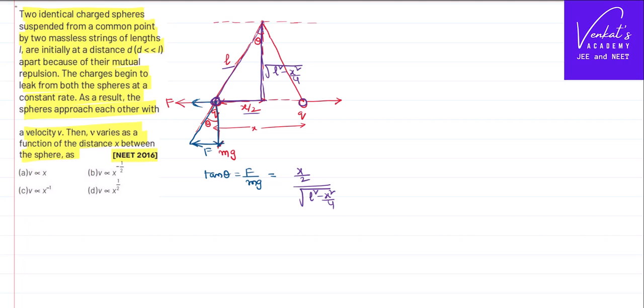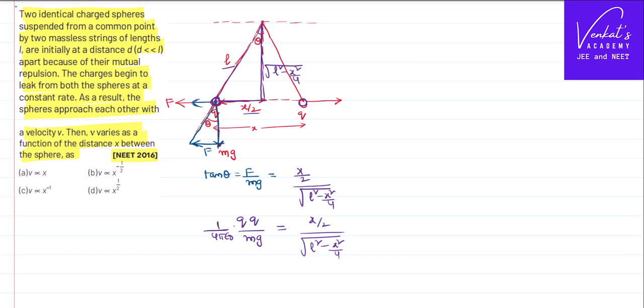I can write, using Coulomb's inverse square law, 1 by 4 pi epsilon naught, a constant k otherwise, q1 q2 by mg is tan theta. On the other side, tan theta is x by 2 by root of L square minus x square by 4. Sorry, there is one more thing I have missed.